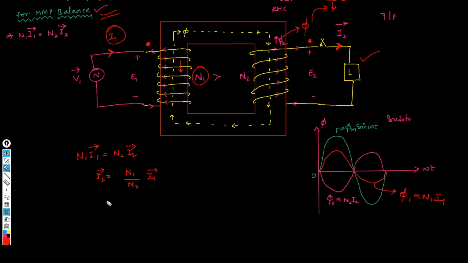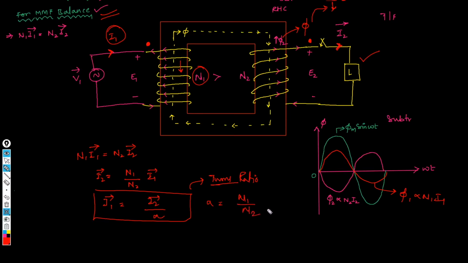In the earlier case, in the turns ratio expression, I said I1 equals I2 by A. I can write this final conclusion from turns ratio, where A is nothing but N1 by N2.